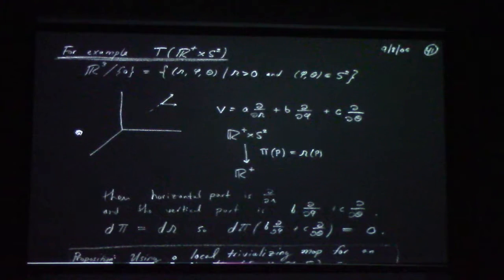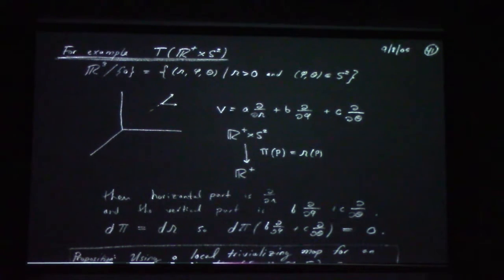So for example, let's see here, I'm going to move around a little bit. Here we have R3 with the origin removed. We can look at this vector field, ABC, the radial piece and the angular pieces. And we look at the bundle R plus, the Cartesian product of the positive reals with the two sphere.